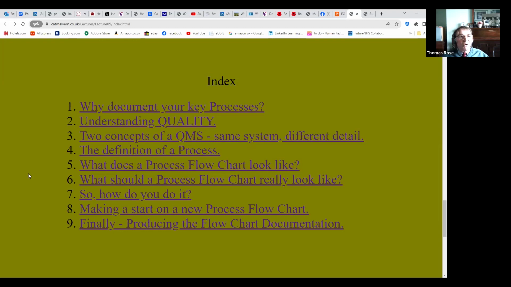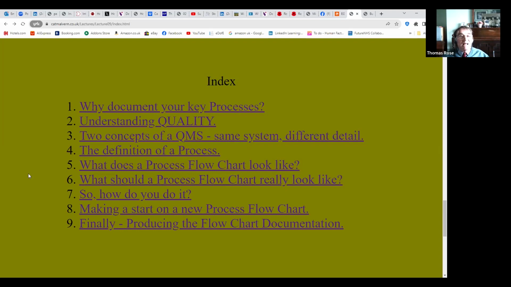I think all activities that require it should have process documentation. Yes, and the way that those processes link together can be shown in the process diagrams. So it's not just clinical activities that need to be processed.